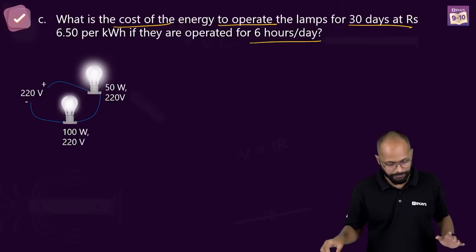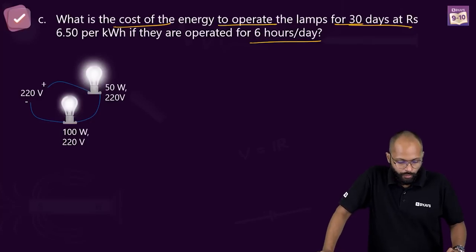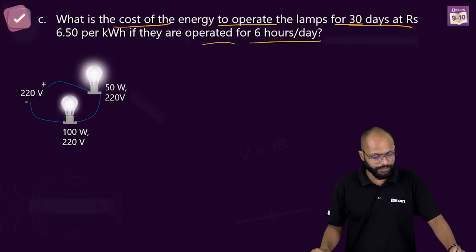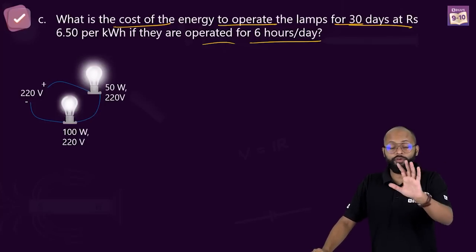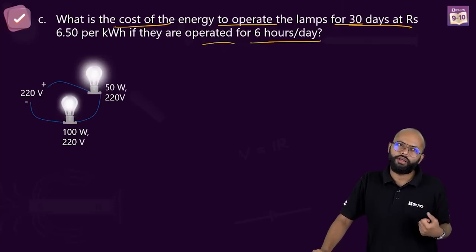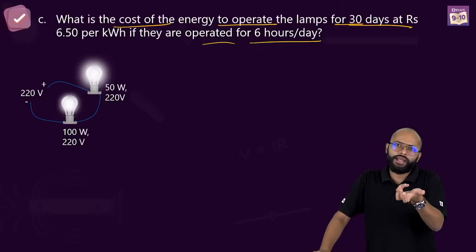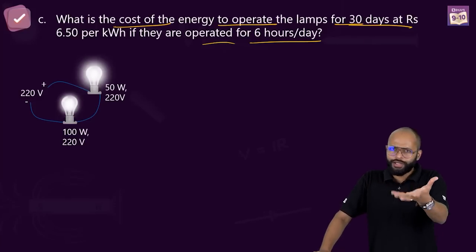So focus here. What is the cost of energy to operate the lamps for 30 days at rupees 6.50 per kilowatt hour if they are operated for 6 hours per day? I understand, if you read this statement together, it looks like a lot of information. Break it down. Cost of energy you have to find. Okay, who gives me cost of energy? If I take the number of units, meaning the number of kilowatt hours, and multiply it with the cost per kilowatt hour, you'll get the cost, right?